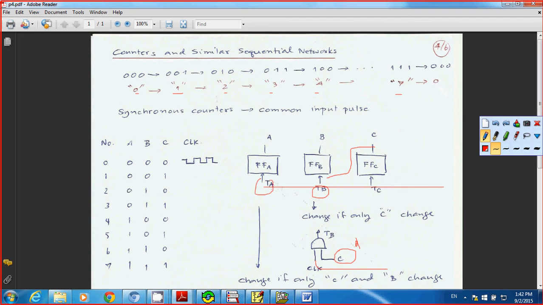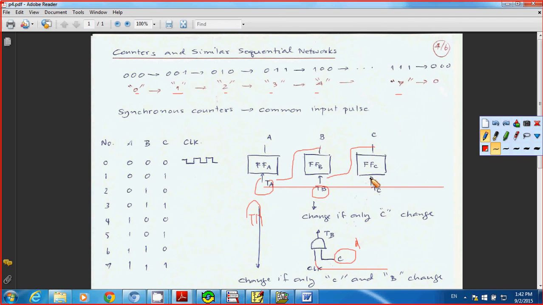For input TA, you know exactly that you require input clock, and you also require the output from B, and you also need the output from C. So you end up with a 3-input AND gate for TA.